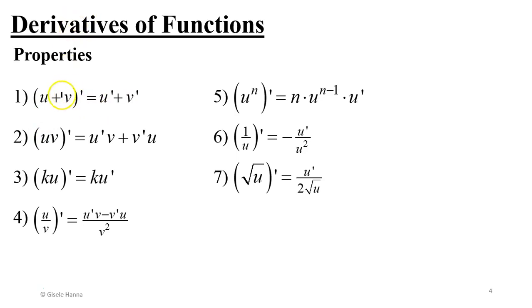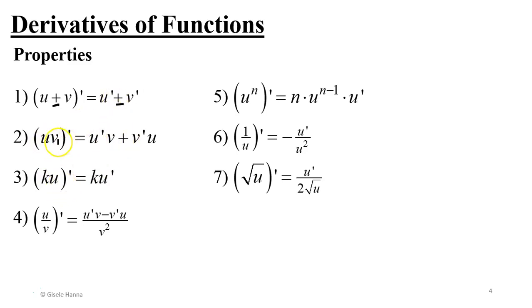And similarly, the derivative of a difference is also the difference of the derivatives. Now let's do the third property. If you have a function that is being multiplied by a constant, the constant is not affected by the derivative, so it's just that constant multiplying the derivative of u.